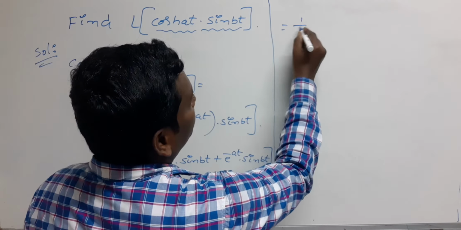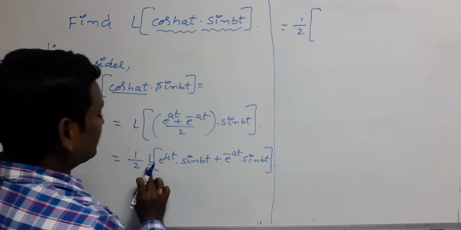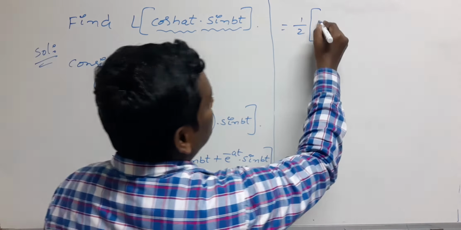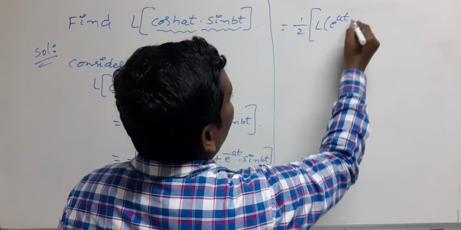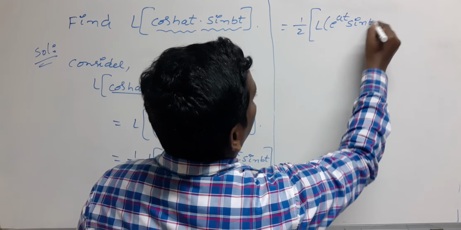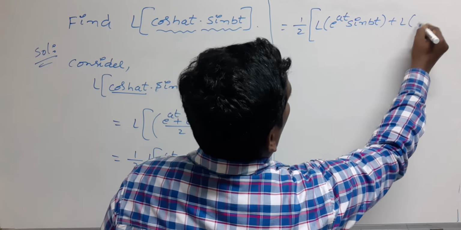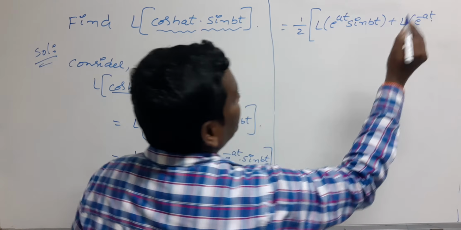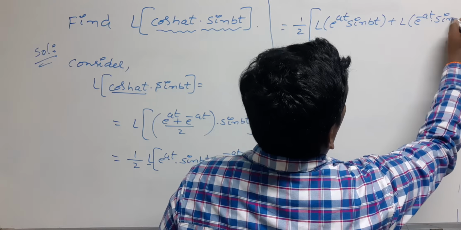So 1 by 2 into, take this Laplace transform inside: L of e power at into sin(bt) plus L of e power minus at into sin(bt).